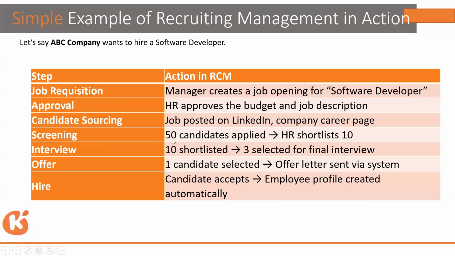Here you can see 50 candidates have applied, and 10 people you have shortlisted. Out of those 10 in the interview process, how many will be the final selection? You can see out of 10, you have 3 selected, and out of 3, one candidate you have given the offer, and that candidate has also accepted the offer. Acceptance can also happen through online, team.